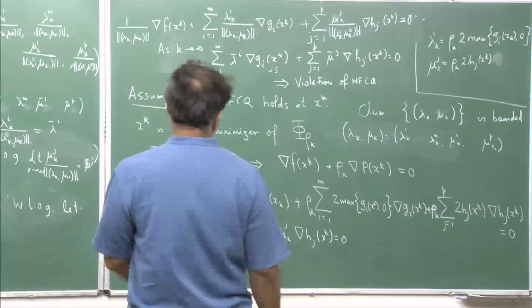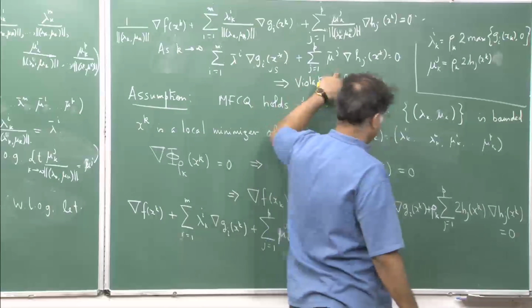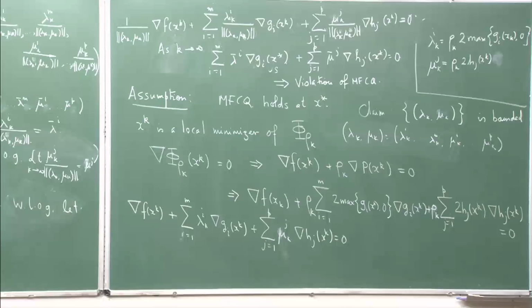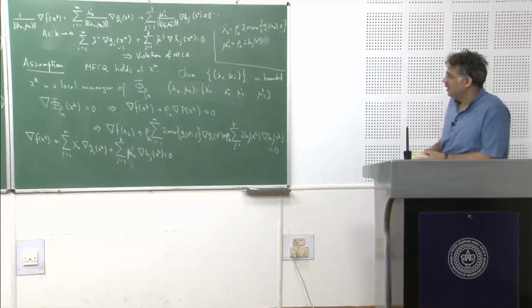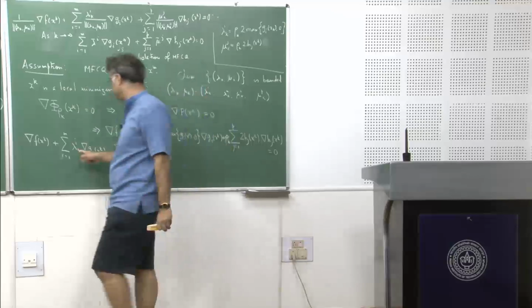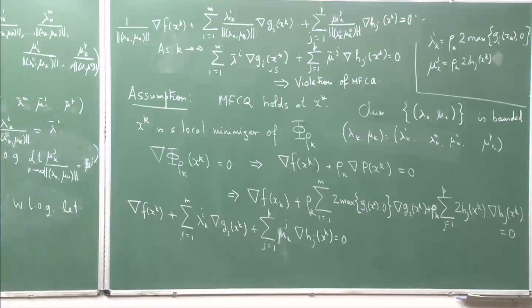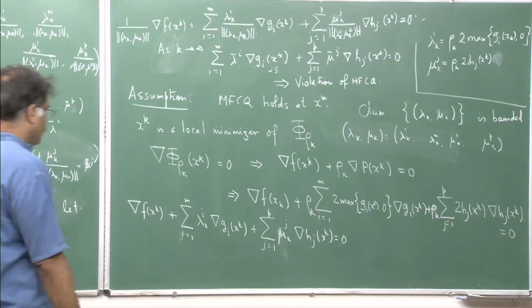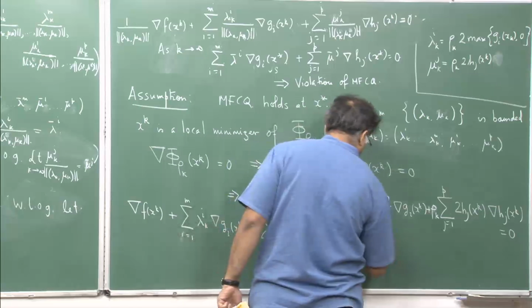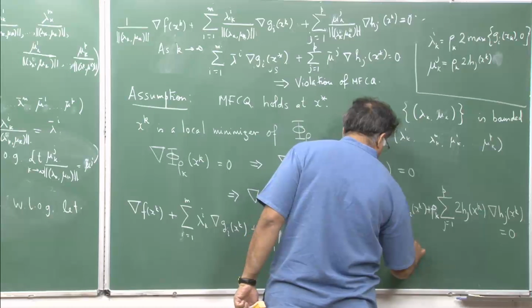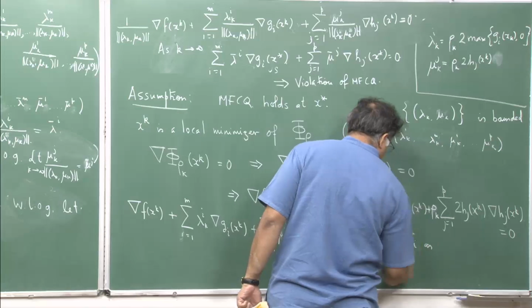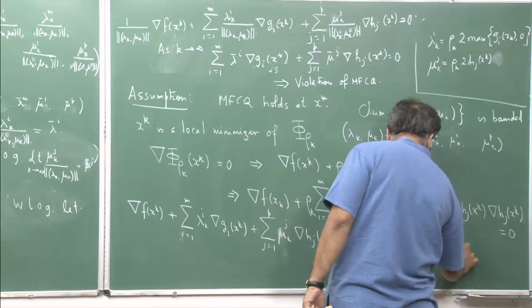So, you see the importance of MFCQ: it makes this sequence of multipliers bounded. Now, once I know that these are bounded, I can assume that lambda I k goes to some lambda star I as k tends to infinity.